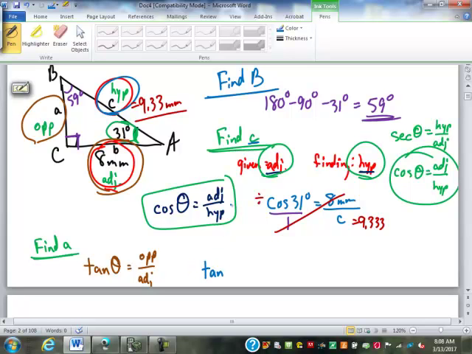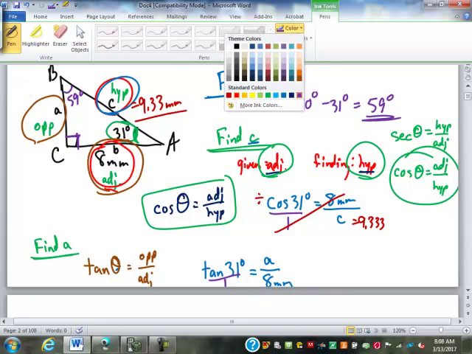So now we fill in. We replace the angle, theta, with 31 degrees. The opposite side is A, that's what we're looking for. The adjacent side is the 8 millimeters. So again, we're looking for a side, so we make it a proportion, and we'll cross multiply.